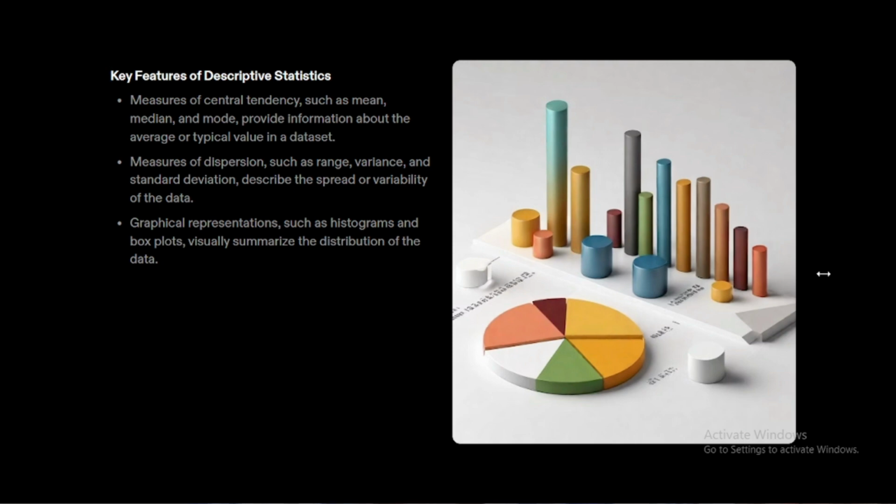And then the median talks about the middle value in a sorted list of data. And then we have the second one, which is measures of dispersion, such as the range, the variance, the standard deviation, and these describe the spread or variability of the data.